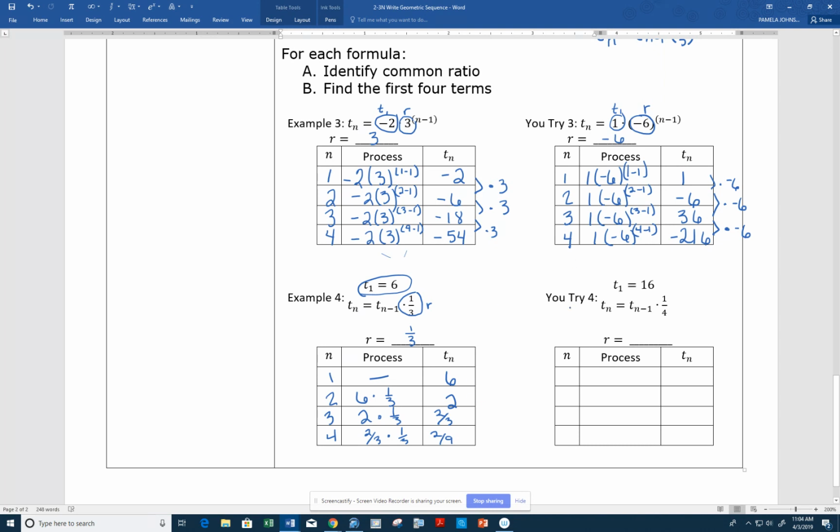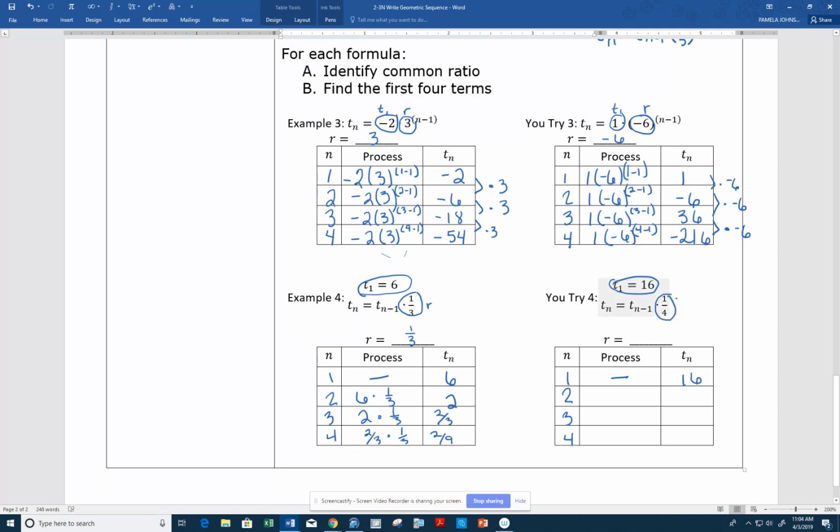You try number 4. Pause the video, and when you unpause it, we will check to make sure you're right. All right, so you should have unpaused it, and let's check to make sure you did this right. So here's your t sub 1. That is your first term. It tells us that t sub 1 equals 16.